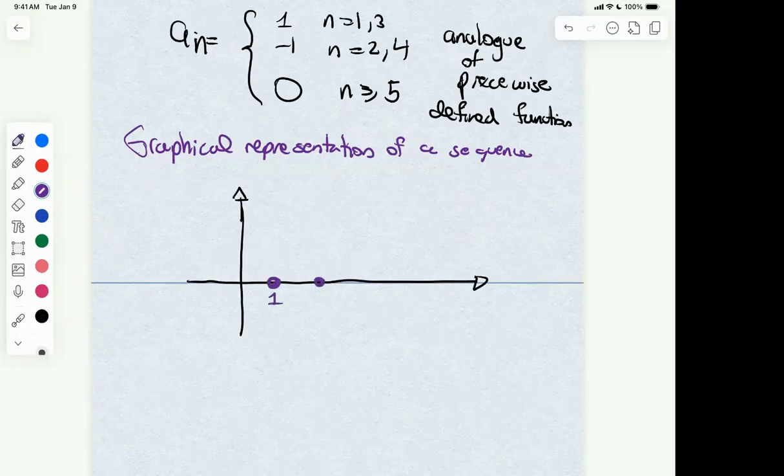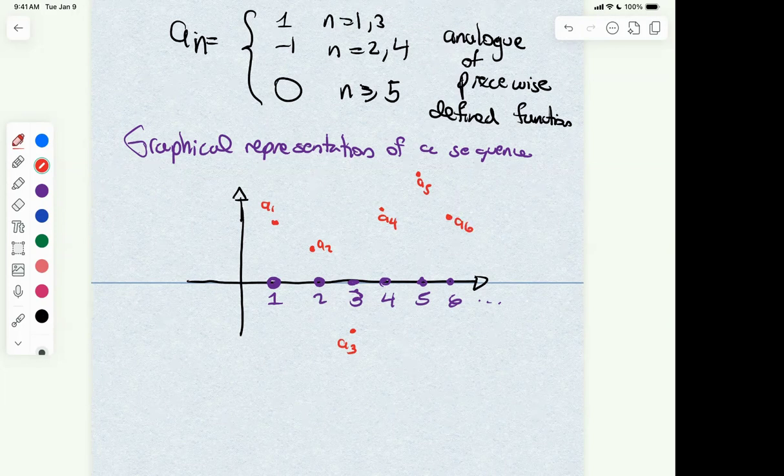Here's 1, here's 2, here's 3, here's 4, here's 5, here's 6, and so on. And then for the sequence, maybe A1 is here, maybe A2 is here, A3 could be negative, so it could be here, A4 could be here, A5 maybe is higher, and A6 maybe is at the same level as A4.